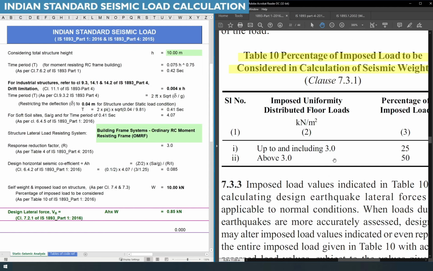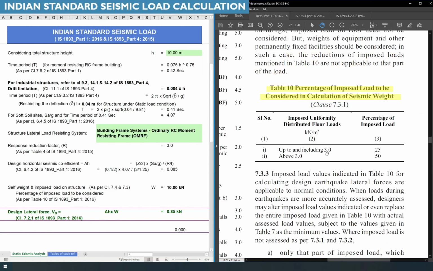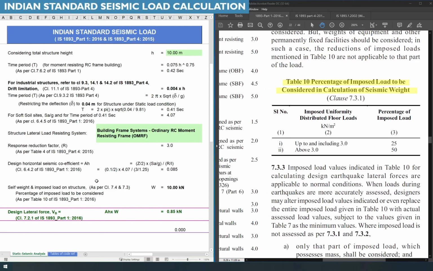If it is more than 3 kilonewton per meter square, then 50% of the imposed load or live load is to be considered along with the seismic weight. These are the explanations provided under clauses 7.4, 7.3 and Table 10 to calculate the seismic weight for the structure or building. As we do not have an actual model for this demonstration, I am just assuming 10 kilonewton as my total seismic weight.